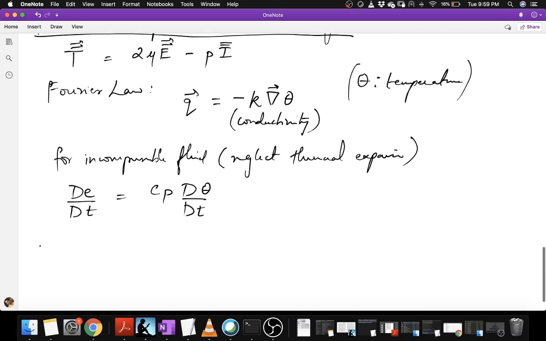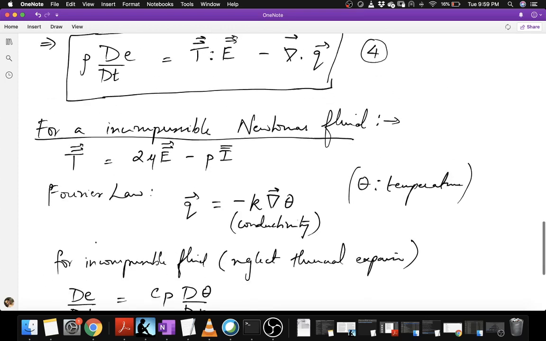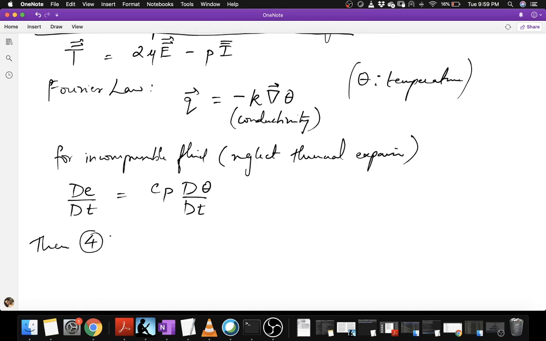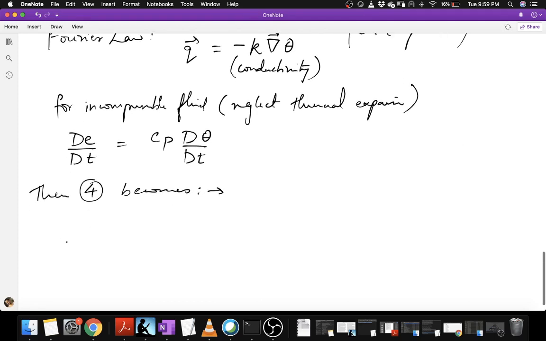So using all these ideas together, our internal energy equation becomes the following. We have rho Cp times the material derivative of the temperature equal to the divergence of conductivity times the gradient of temperature.